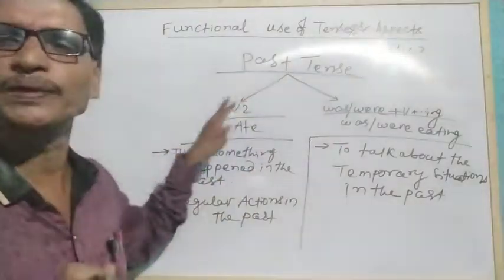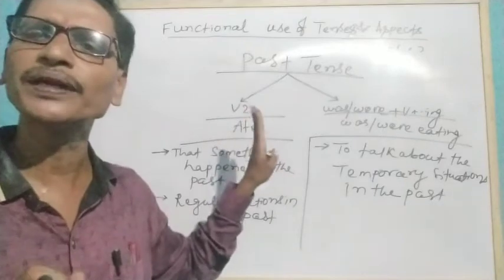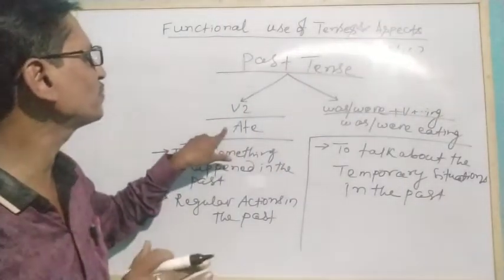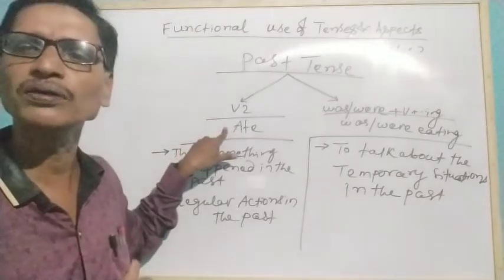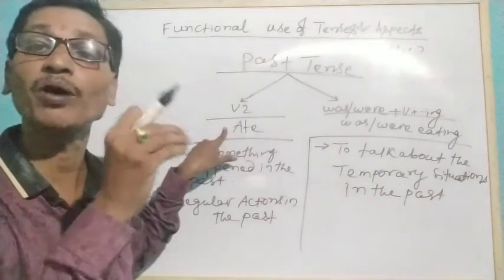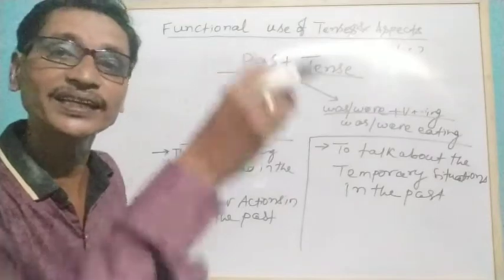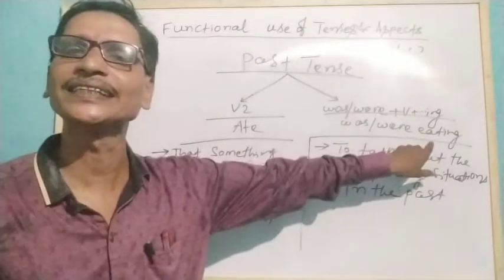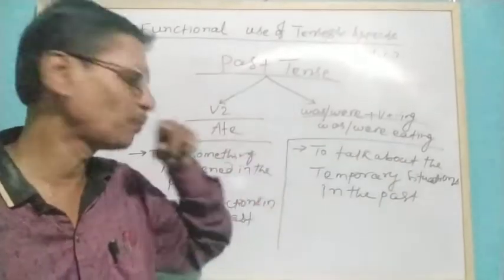So these two aspects are used for two different situations. You see, we have taken an example. Ate is the second form of the verb we have taken as the example, eat and eats. Ate is the second form and was verb plus eating is the ing form.